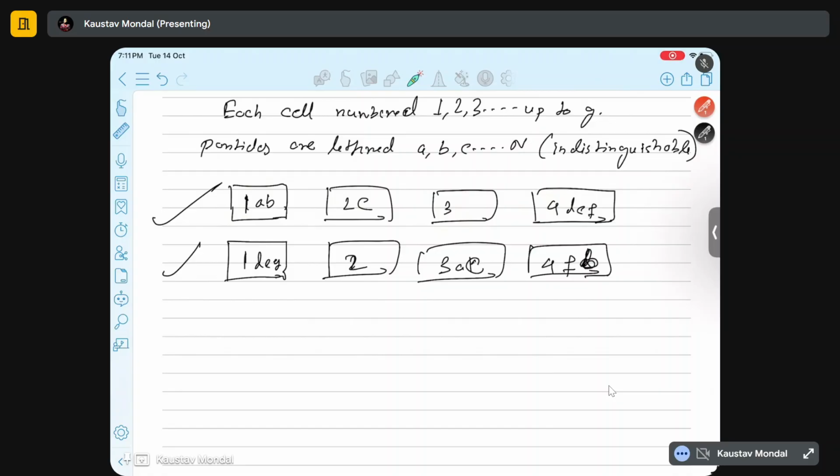So we also have to consider the number of ways in which those numbers and letters can be arranged. We have to consider both facts.